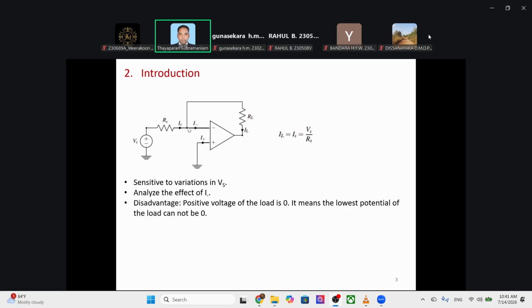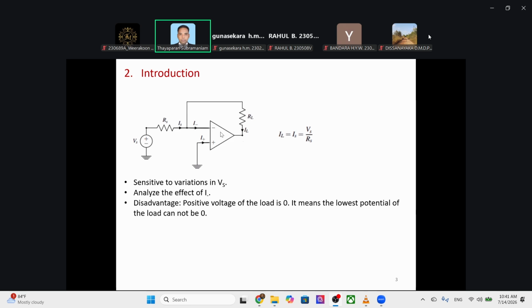Because V plus is zero and V minus is zero, I into RL gives a voltage drop, so the high voltage side of the RL is zero, therefore the low side is a negative voltage. Then you have to make some other arrangements to shift the ground and all these things. That is troublesome.